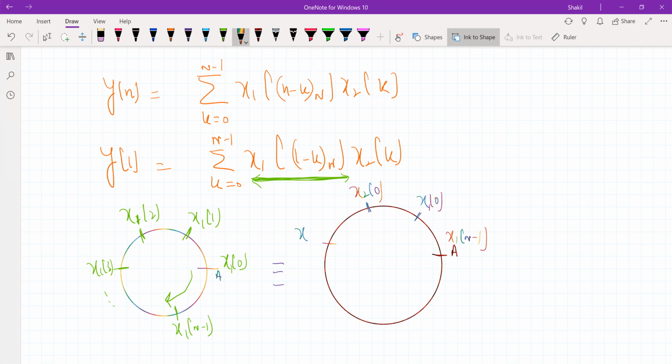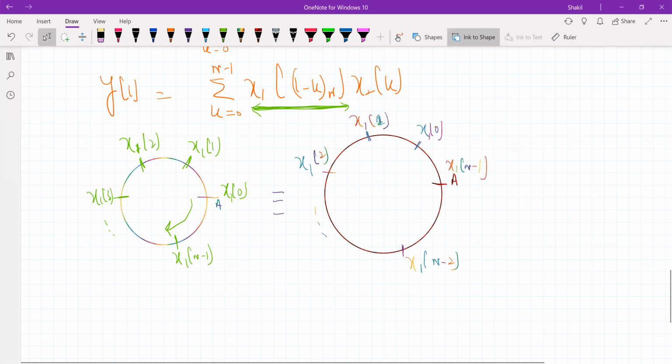This is x, sorry, not x2. This is x1 of 0, x1 of 1. This is x1 of 2, and so on. The rest of the terms you know like this, and the last term now will be x of n minus 2. So this will be our last term. That's meant by one rotation, and to read the values means to get x1 of 1 minus k from this.